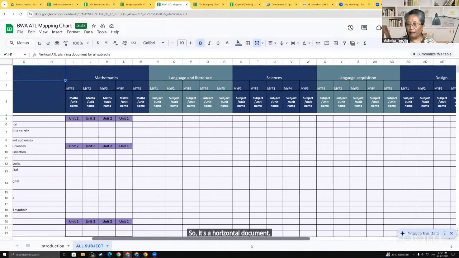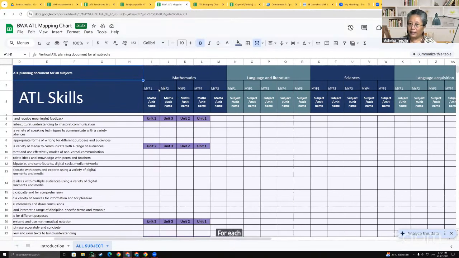How vertical? For each subject, I have all the 5 grades. So vertical. When I say vertical planning, I mean in one subject, right from MYP1 to MYP5. That is vertical mapping in subject groups, in subject areas. And when I say horizontal, in one grade level, all the different subjects.